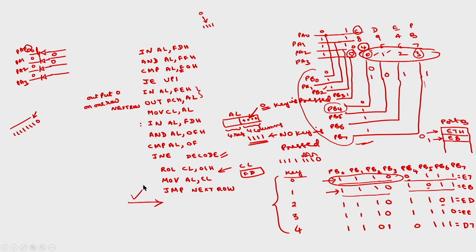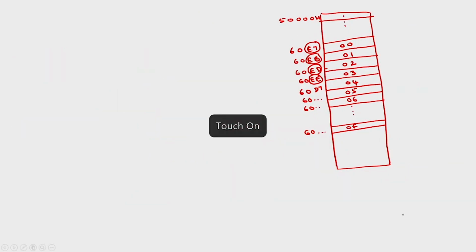Now to read that value into AL, what I will do is move AH comma 0060, because I want to store this in the locations of 60. This value is there in AL, and AH I am initializing to this value, so that AX will have this address, which I will take into some register.